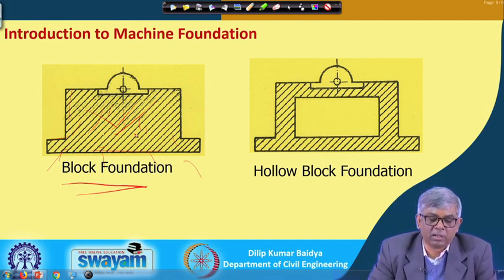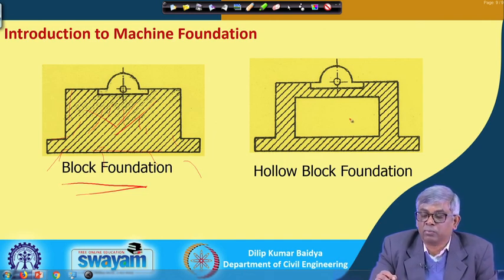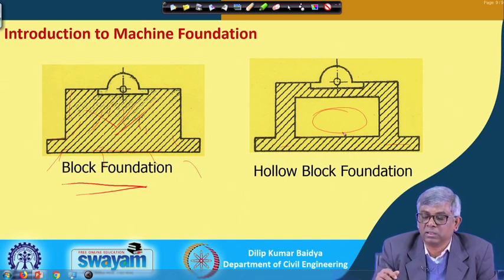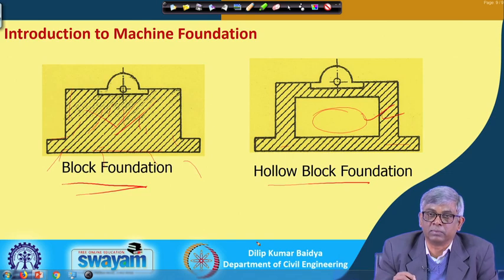And another block one can think of, to reduce the mass sometimes, to increase the area but keep the mass less. In that case, it can be made a hollow block. That means we can make a block with some hollow portion. So, that is also another type of block foundation that can be used sometimes, because you have to adjust natural frequency.